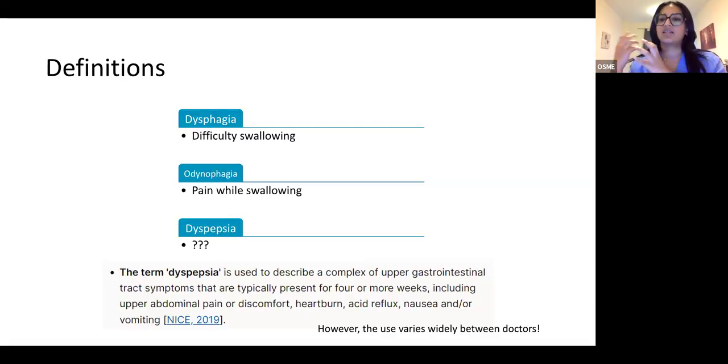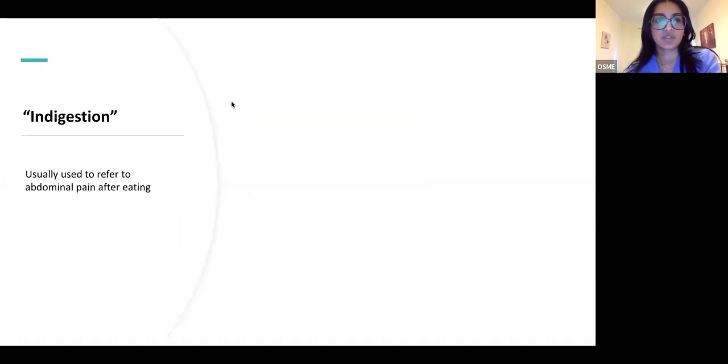So it's quite a broad definition, and you guys aren't expected to remember or list off each individual aspect of it, but it's important to be aware of what presenting features might fall under the umbrella of dyspepsia, because some of the NICE guidelines use the term dyspepsia, and they use dysphagia as well. So these ones are very important to be clear on and understand the distinction between them.